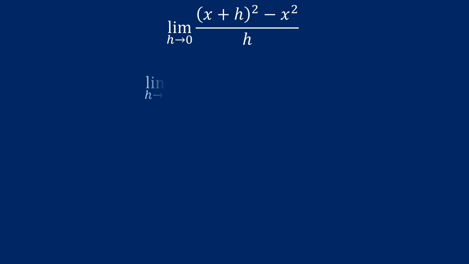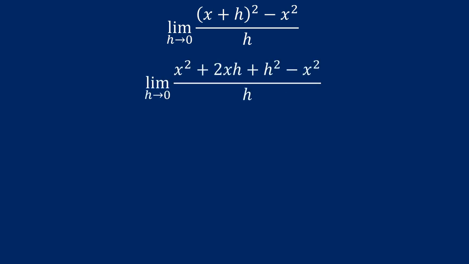Now I'm going to go ahead and expand that x plus h squared into x squared plus 2xh plus h squared. As you'll notice, the x squareds in the numerator will cancel out, and I will end up with 2xh plus h squared over h.